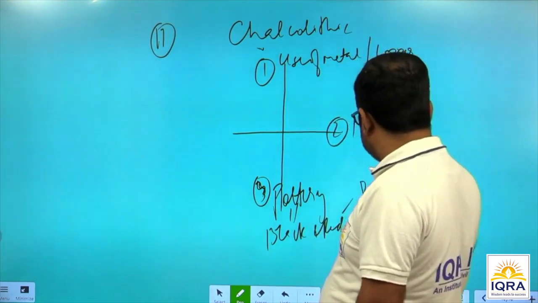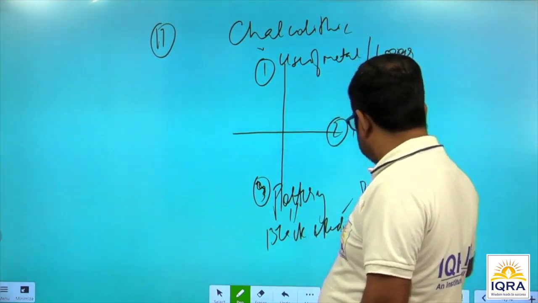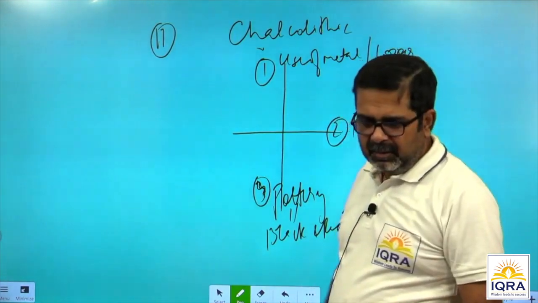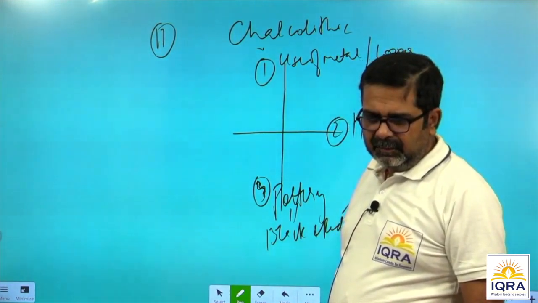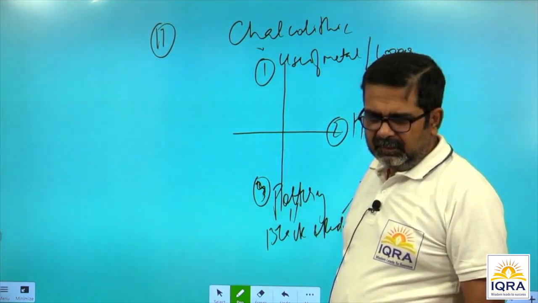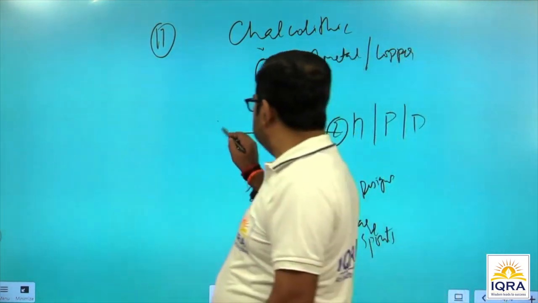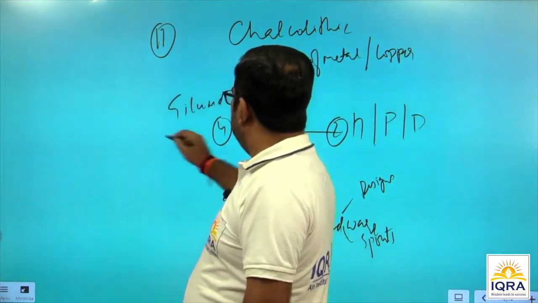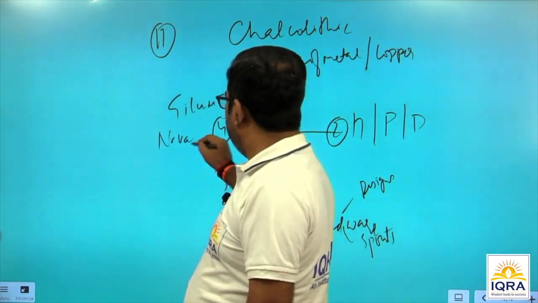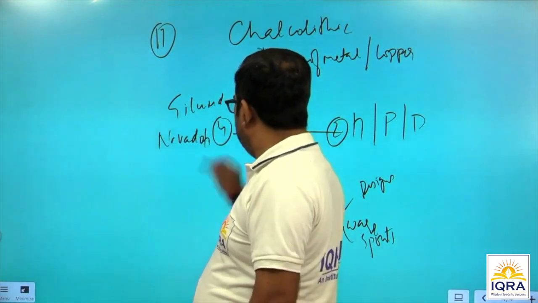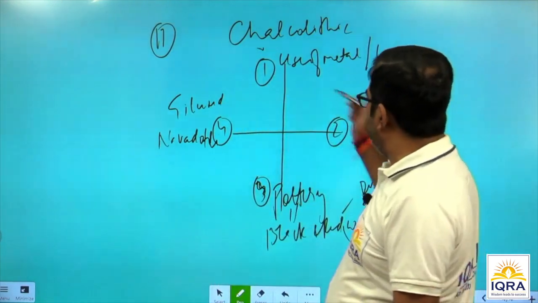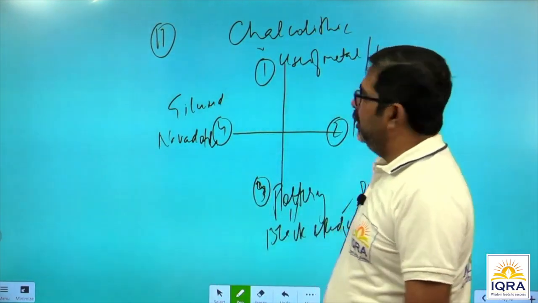Designs, spouts, important centers, Jalgaon, Navdatoli, etc. These key features you have to remember from Chalcolithic period.